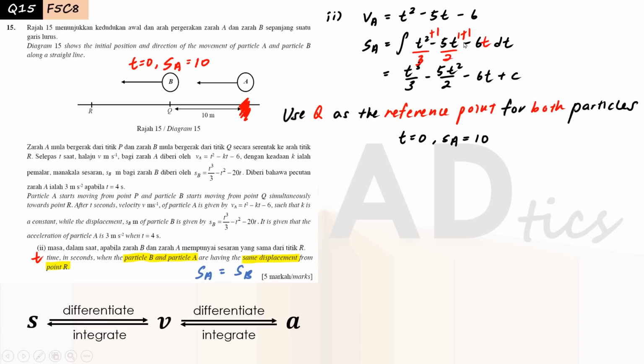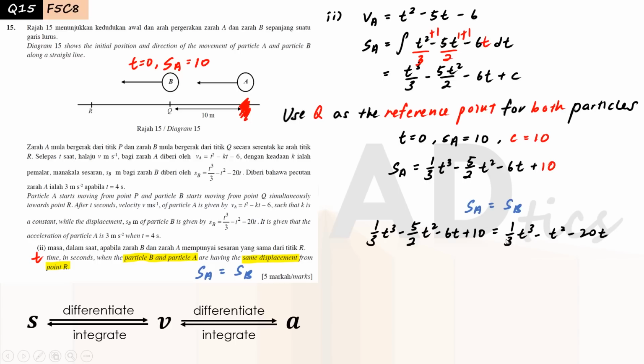So now C equals S of A, and we know that S of A equals 10, so C equals 10. And this would be our S of A equation, right? The displacement equation for particle A. So now we have the displacement equation for both particles, then we can use this and compare the equations.